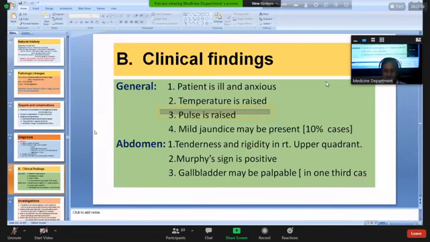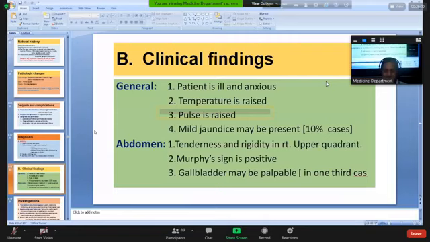And sometimes the gallbladder may be palpable, or there is a mass-like lesion in the right hypochondrium. That is, an inflamed abdominal phlegmon, and there is development of a faint lump in the right hypochondrium. That is also a feature of acute cholecystitis.